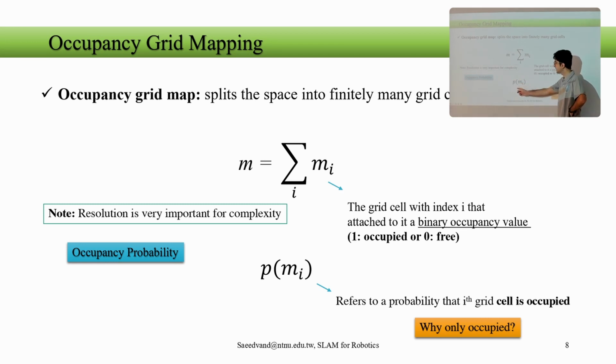Here, the probability of mi, we say, shows how likely this grid cell is occupied, right? Now, why do we say only that it is occupied, why are we not saying, for example, it is not occupied? Yeah, because its probability is different. Because we are going to use it later in the math. Because the probability of this grid cell, if we talk about occupied, is 80%.